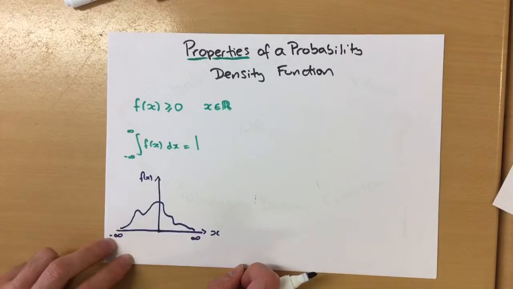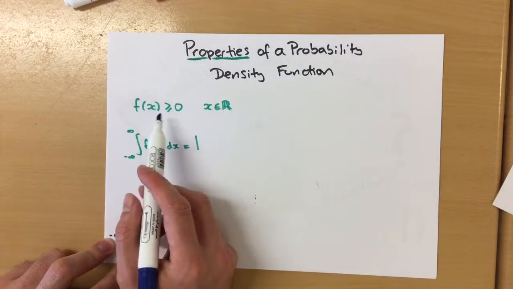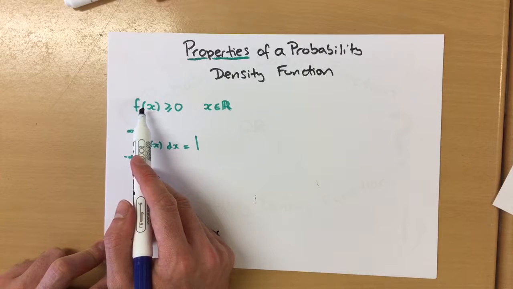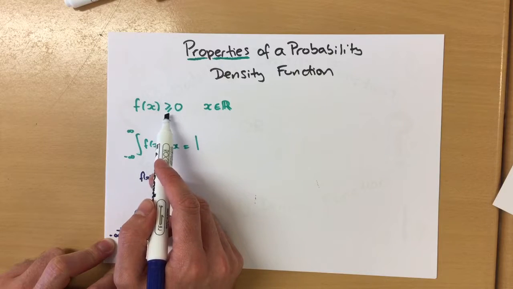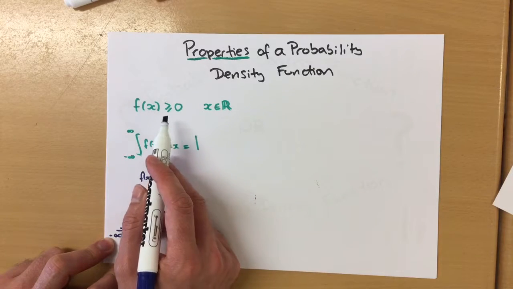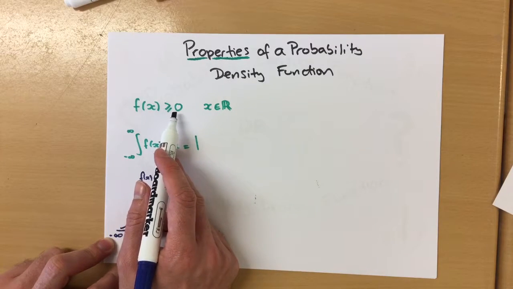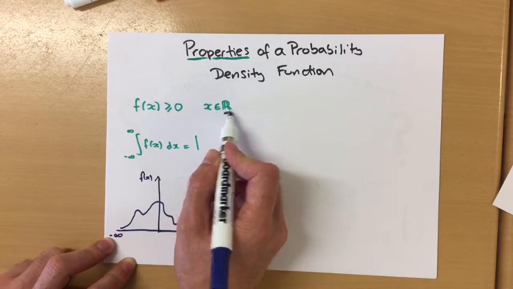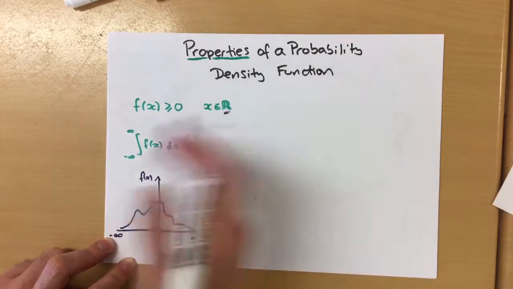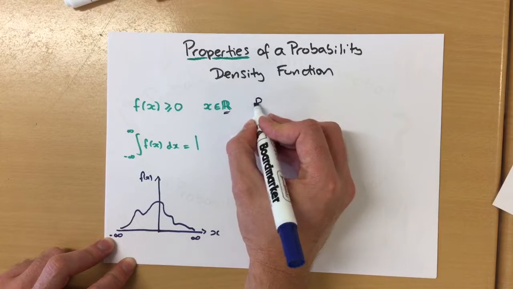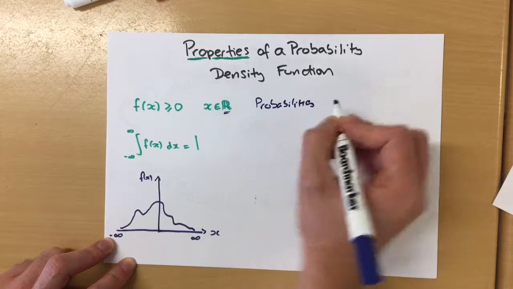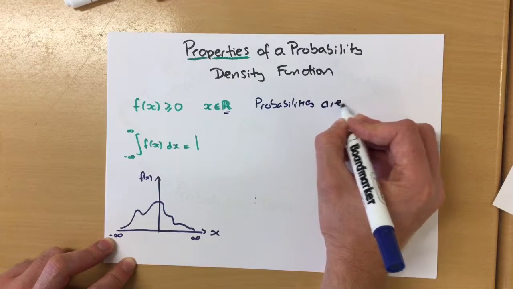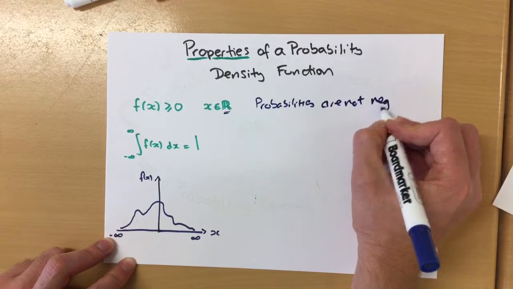So the last thing to look at for this video is our properties. This says your probabilities will not be negative for all real numbers. Real numbers is anything on your number line. So your probabilities are not negative, which makes sense.